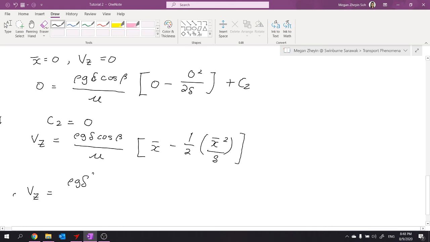Take note of the square, because the equation we are asked to prove has a square, so we take out the delta.